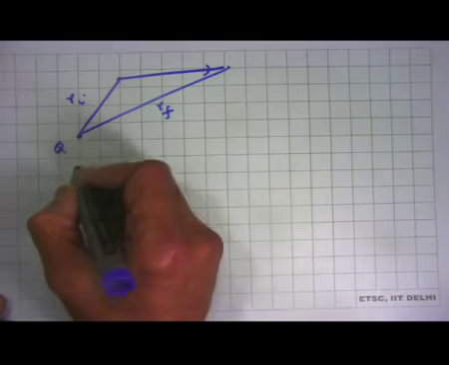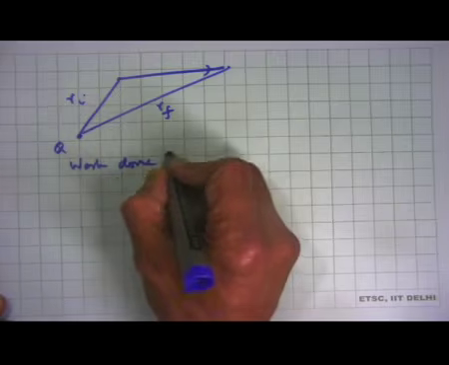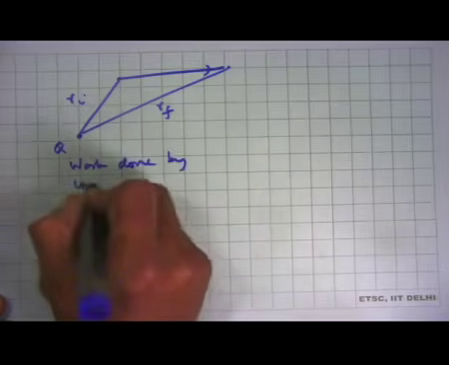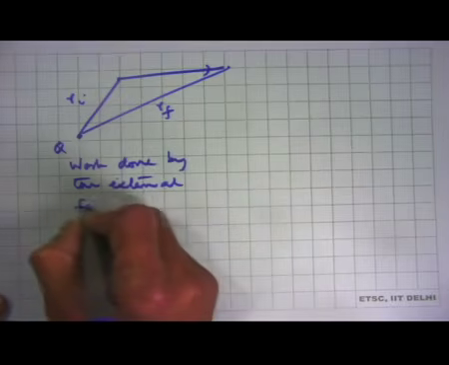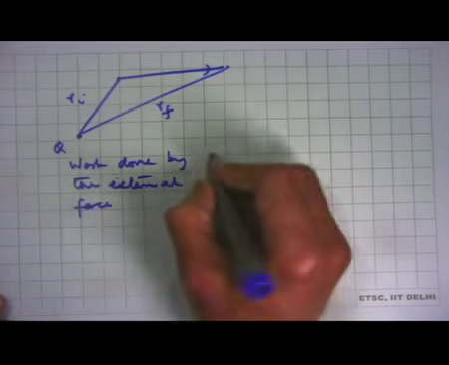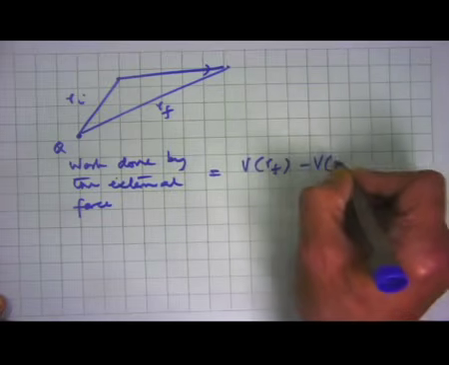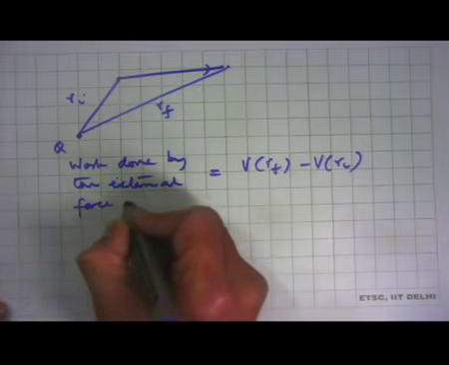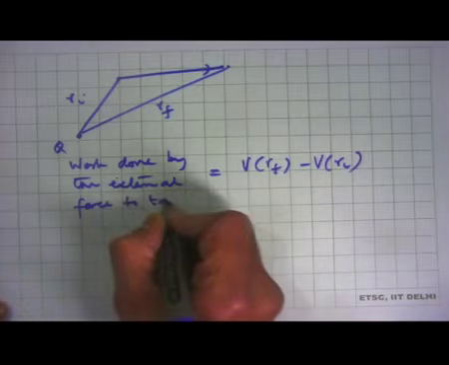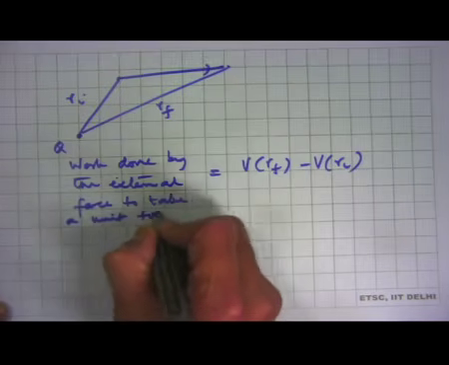The work done by the external force will be equal to the potential at r f minus potential at r i, to take a unit positive charge.